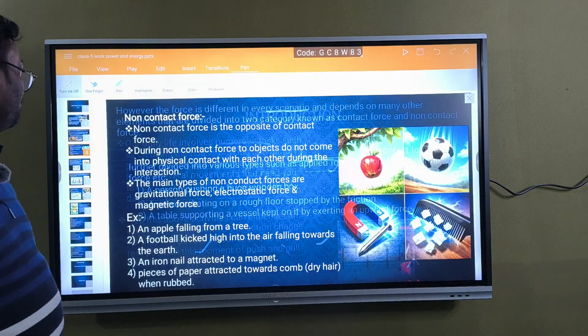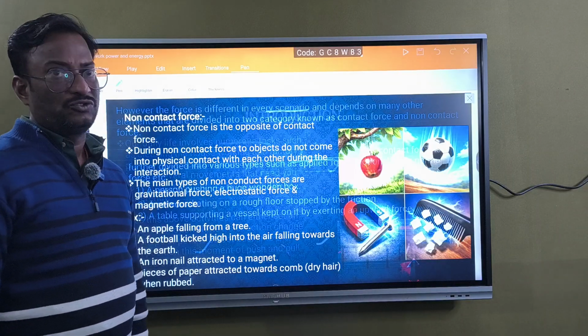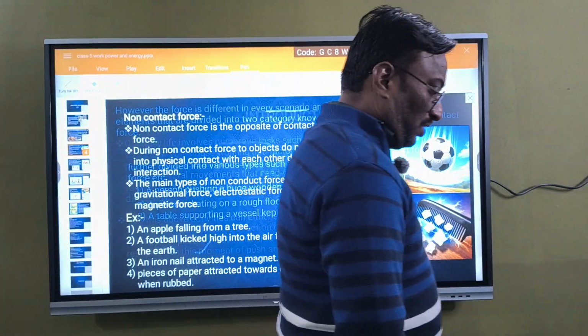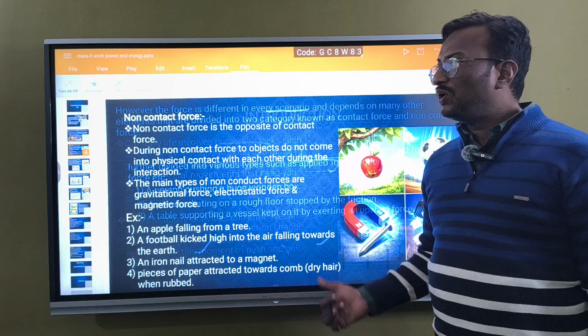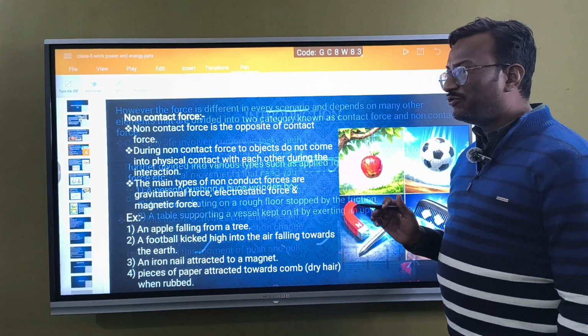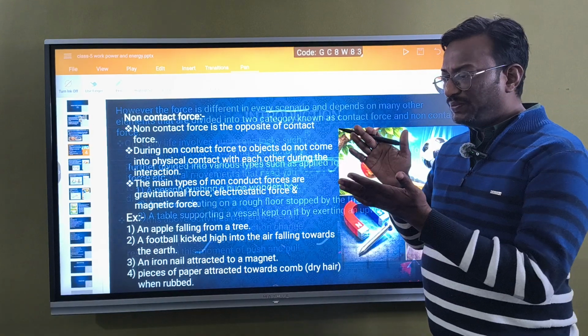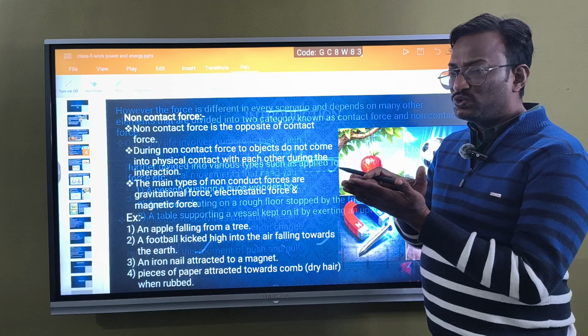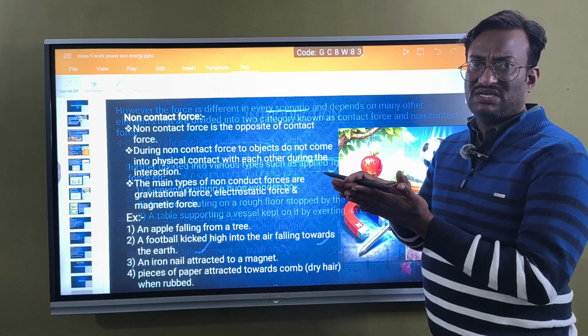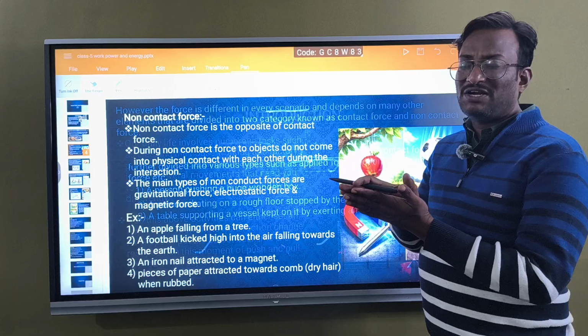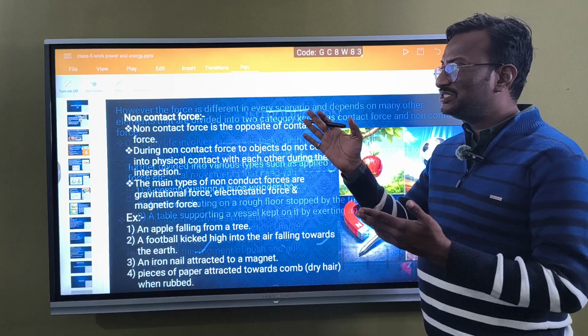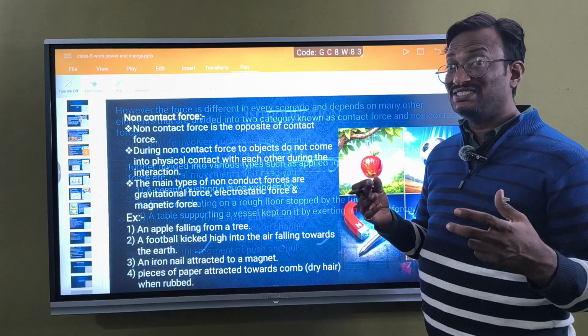And the next one is non-contact force. See, up to now we have studied the contact force. Contact force means there should be contact between two surfaces, any two surfaces. That one we call contact force. Non-contact means there is no need of contact, but there exists a force.